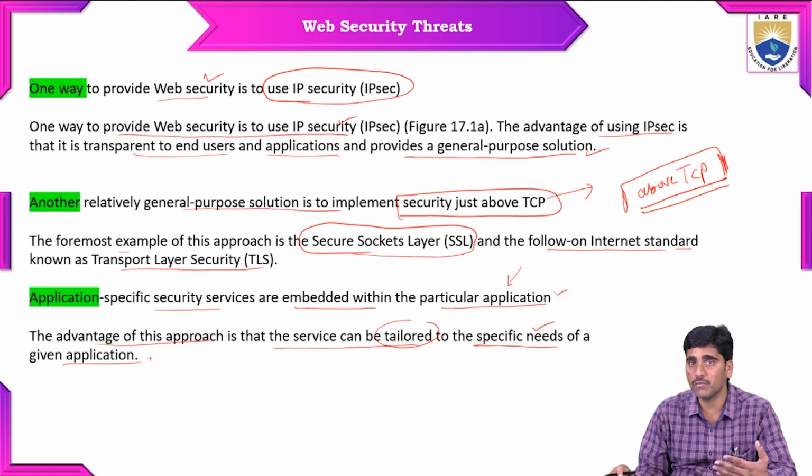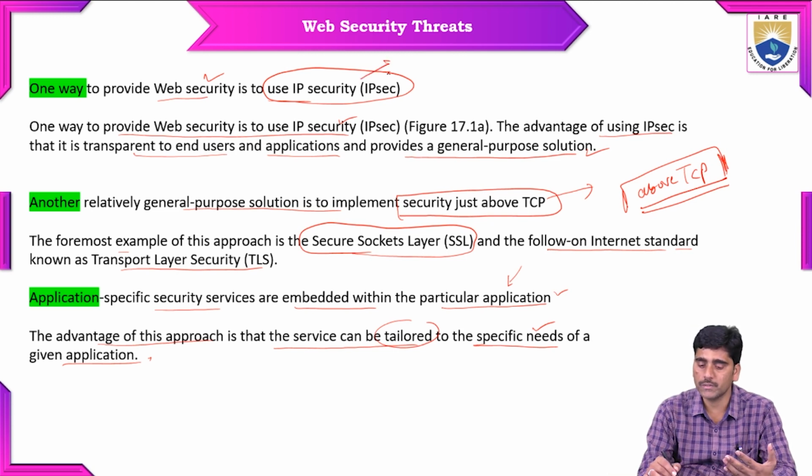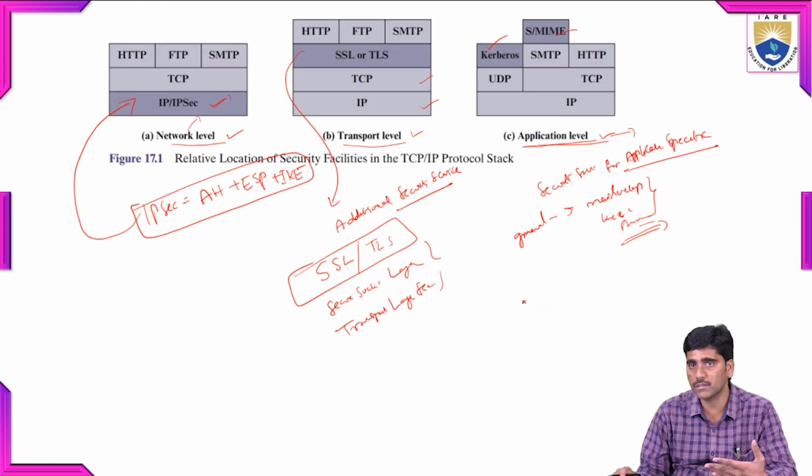So one way to provide web security is to provide IP security, and to provide transport layer security, that is nothing but TLS or SSL above TCP, and application specific security, implementing an application specific security service.